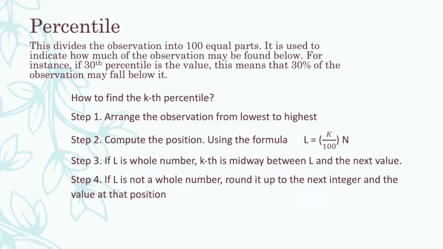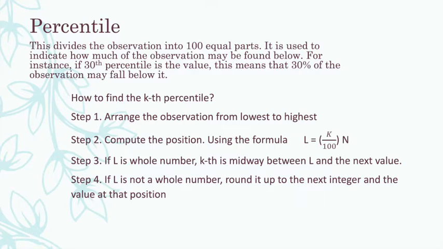Let's say the L here is 5.50. You round it up to the next whole number, which is 6. You don't round it to the nearest whole number, but you round it up to the next one. Let's say 5.15, you round it up to 6.